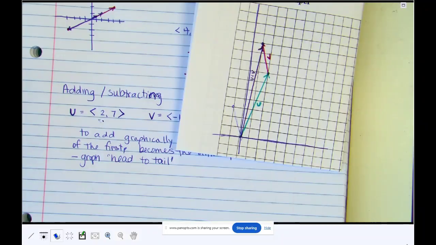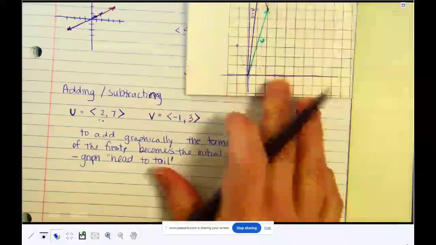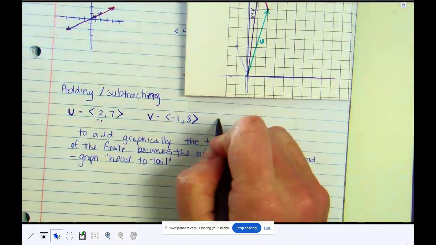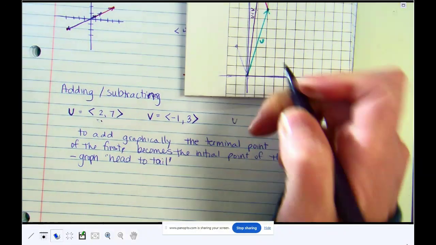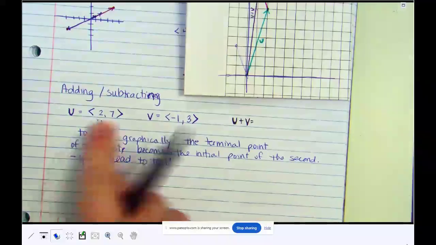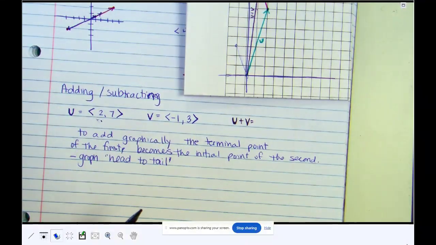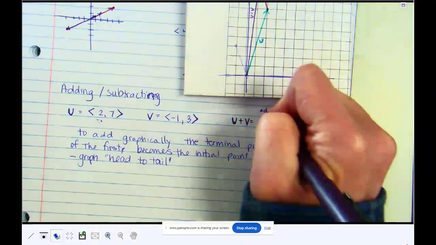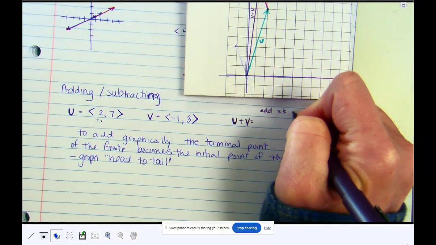All we're doing is illustrating. So we see there's u, there's v, there's u plus v. That's an illustration. The answer to u plus v, if I wanted to just add them, I would literally add the x's, add the y's. But you've got to know how to draw it too.